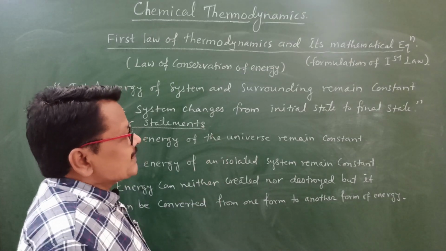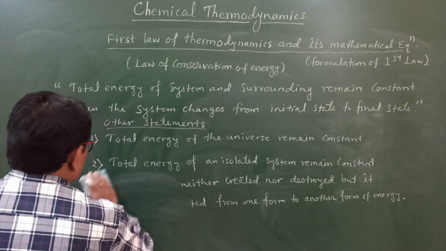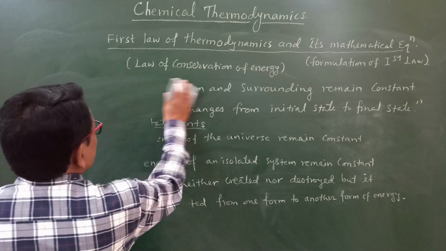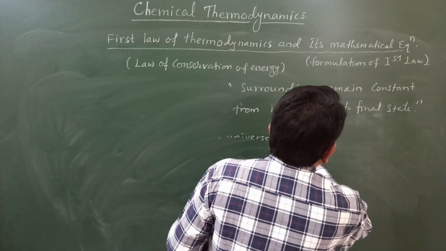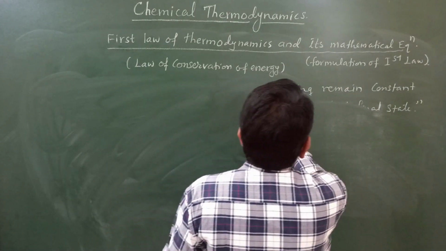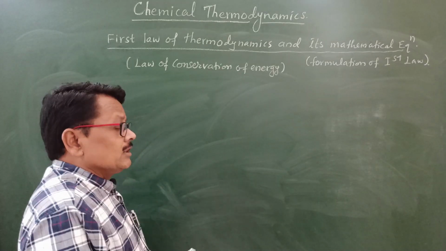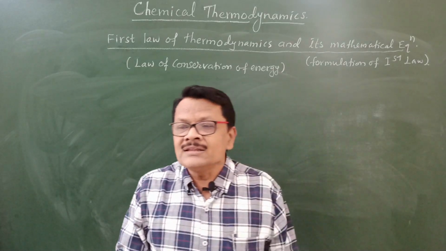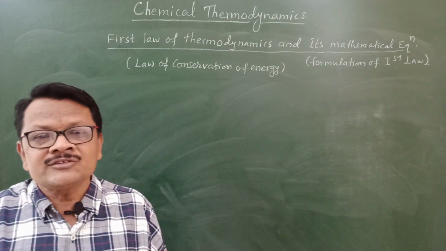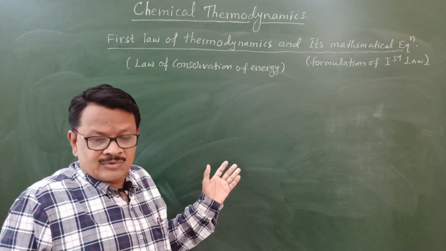How is it mathematically expressed, or how is it formulated, means what is the formula of first law of thermodynamics? We know how internal energy of the system increases or decreases. We saw in detail by considering 4 examples.